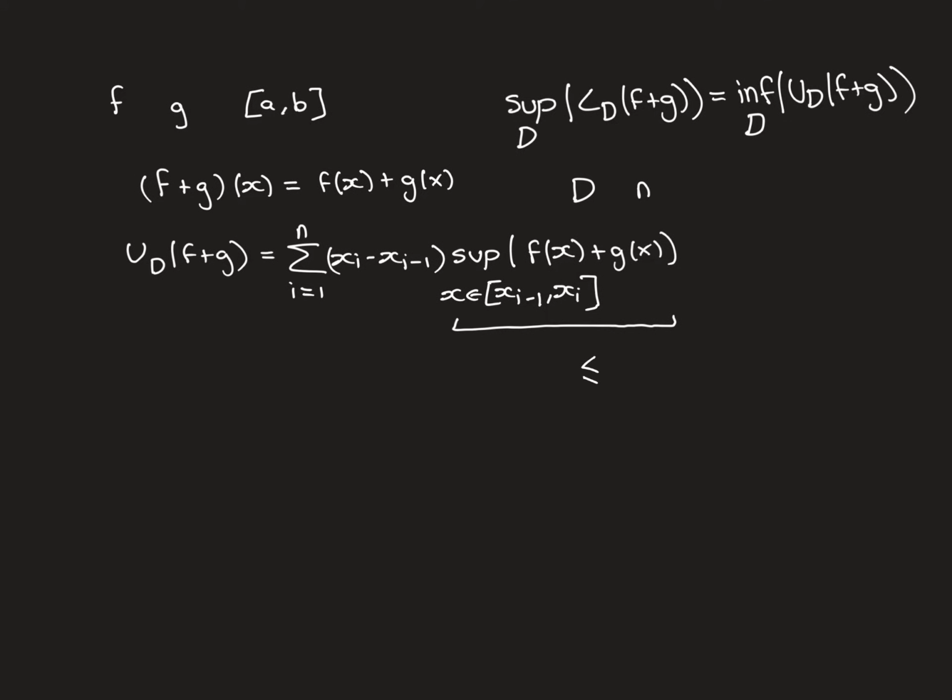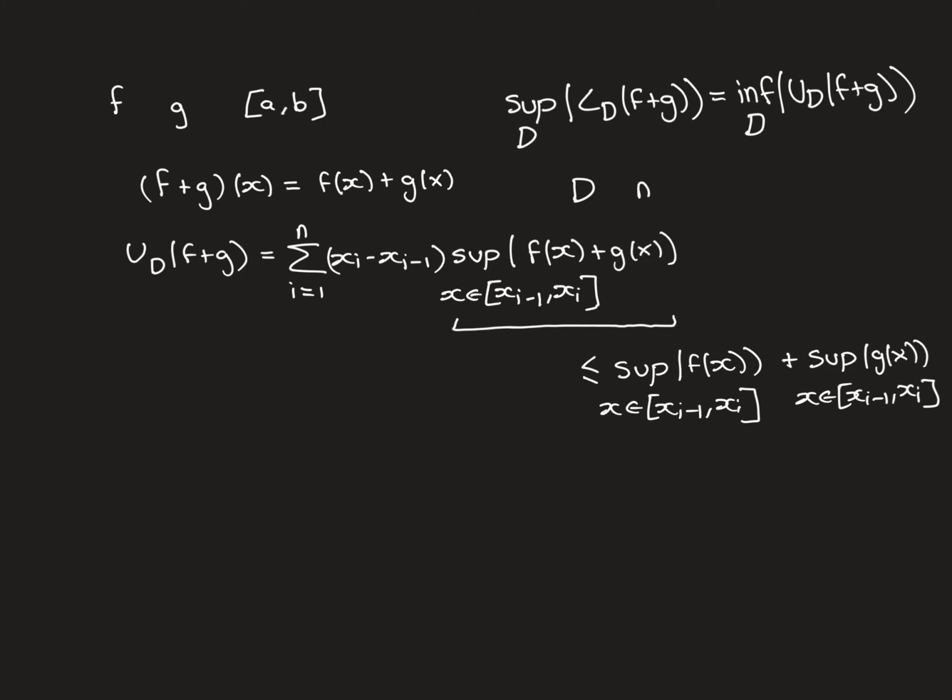This is always going to be less than or equal to the supremum of f of x, where x is allowed to vary over [x_{i-1}, x_i], plus the supremum of g of x, where x is allowed to vary over [x_{i-1}, x_i].